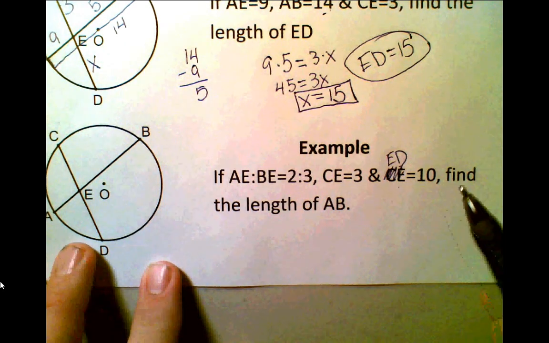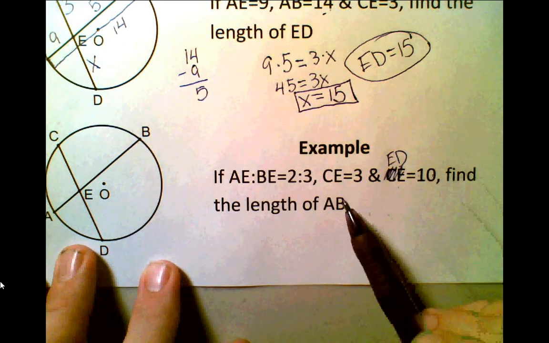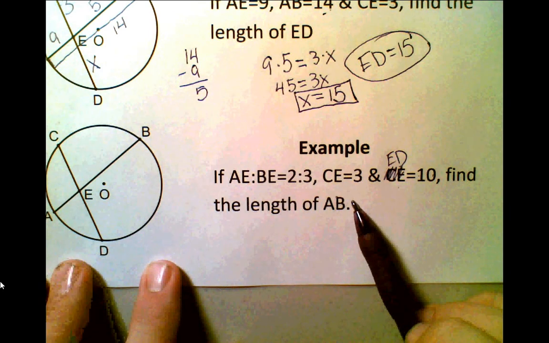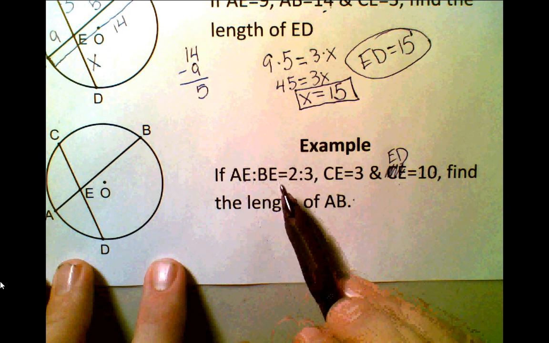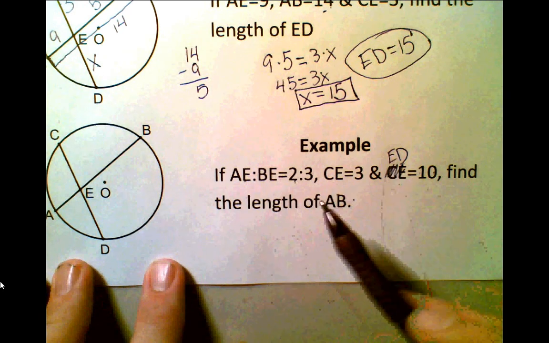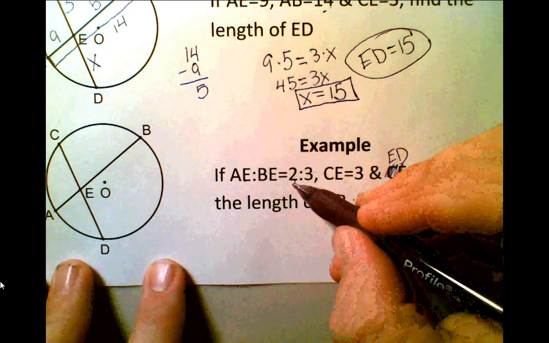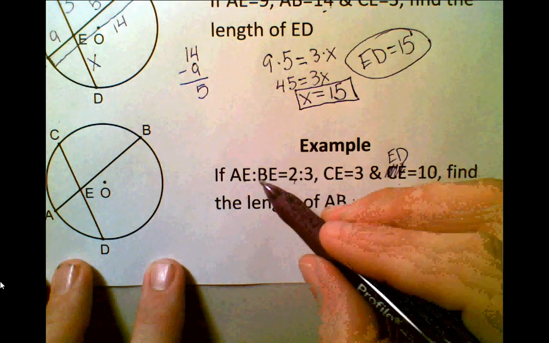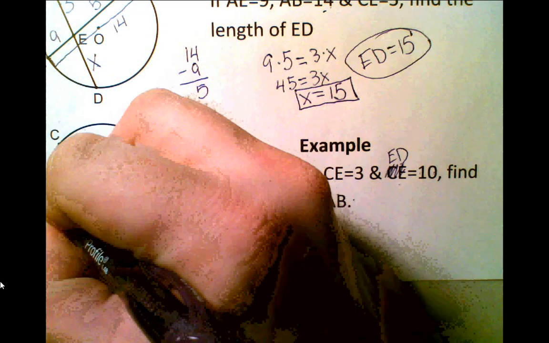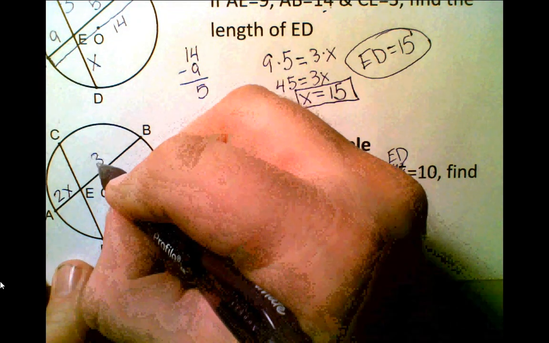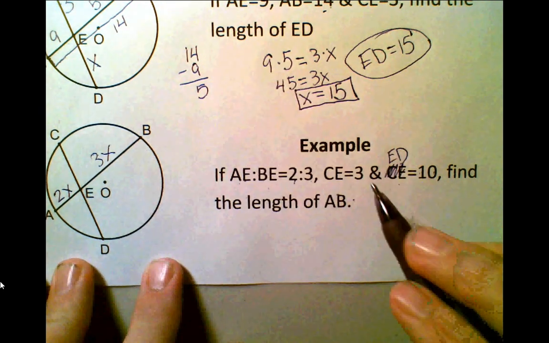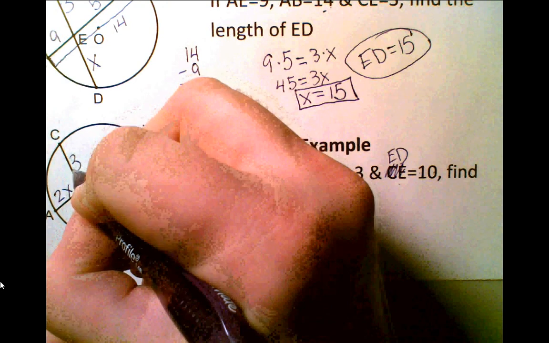So ED is equal to 10, find the length of AB. Now, the key thing is, when you have a ratio and there's no other x's involved, we could say this is going to be two parts, so AE matches up with 2x, and BE matches up with 3x. Now, CE is equal to 3, and ED is equal to 10.